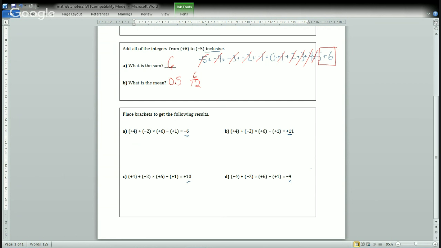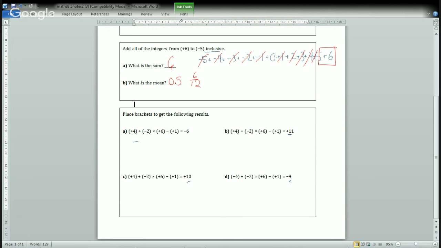So for example, if I were to put a bracket around here and here, right, that would change the question quite a bit. +4 plus -2 is +2 times +6 minus +1. Well, that would give me +12 minus 1, right, which is +11. I need -6. So that's not correct for this first one.